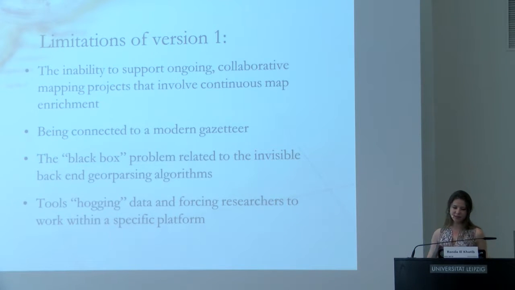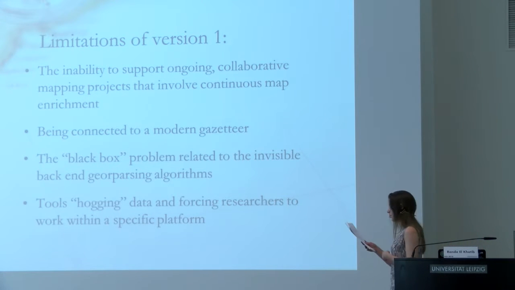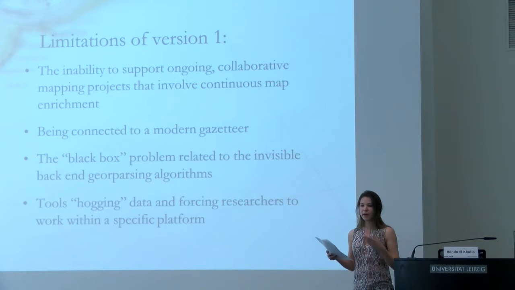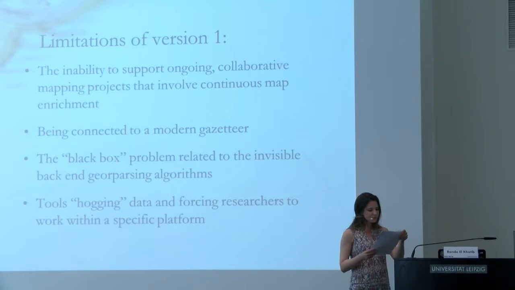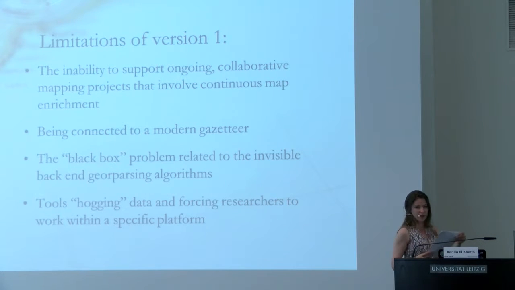The most important ones that struck me are, first, the inability to support ongoing collaborative mapping projects that involve continuous map enrichment. We want to be able to take a map and really enrich it with a lot of data and be able to visualize it and share it with each other, and we really need something that helps us do that.